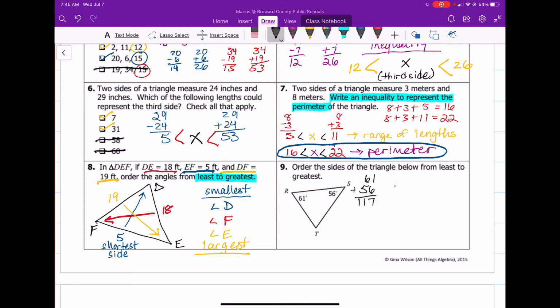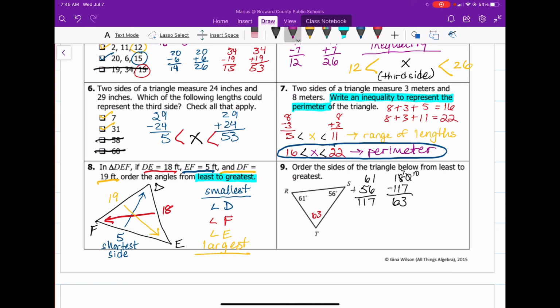And then we're going to do 117 subtracted from 180, which is going to leave us with 63. So this angle right here is really 63 degrees.